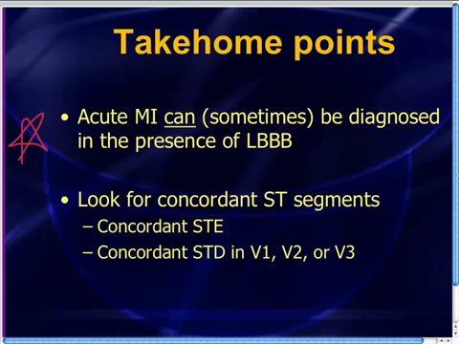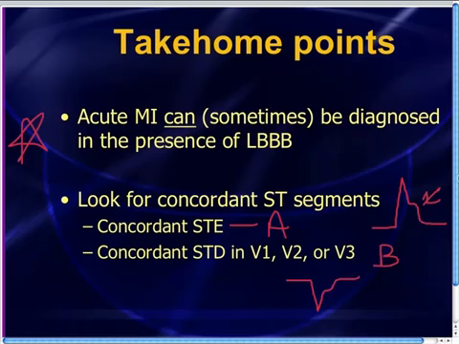Acute MI in the presence of a left bundle can sometimes be diagnosed. Not always, but sometimes you can diagnose it based on the Sgarbossa A or B. And remember what Sgarbossa criteria A is: concordant ST segment elevation. Sgarbossa criteria B is concordant ST segment depression.